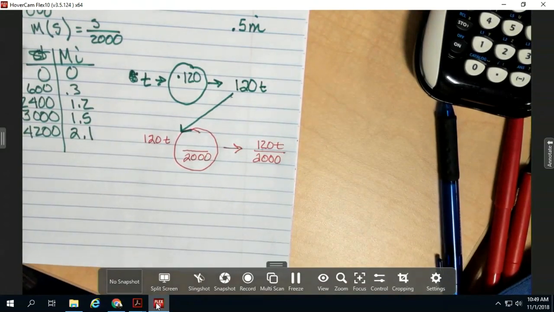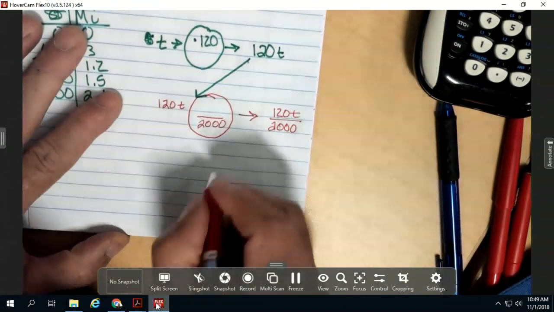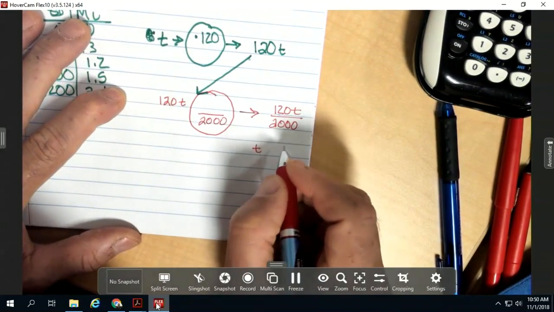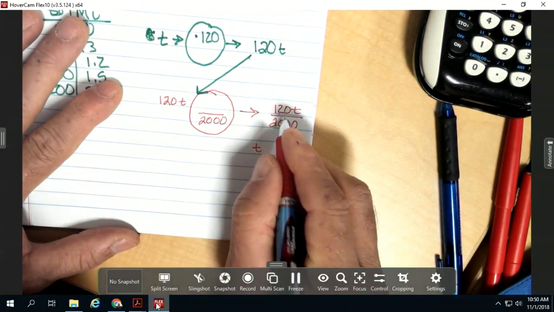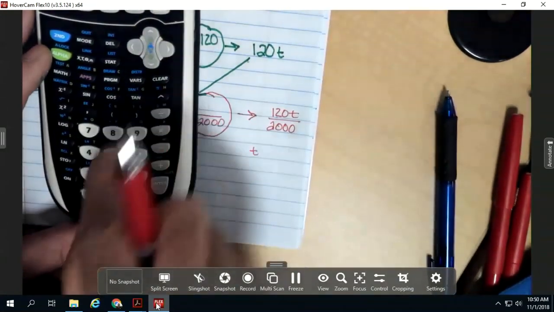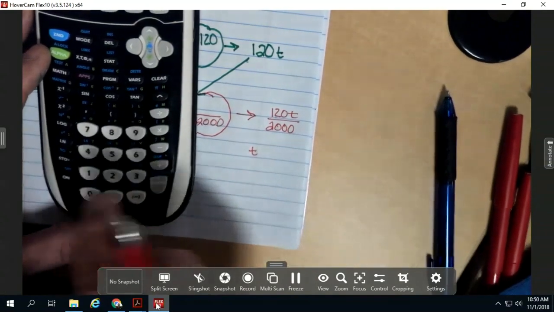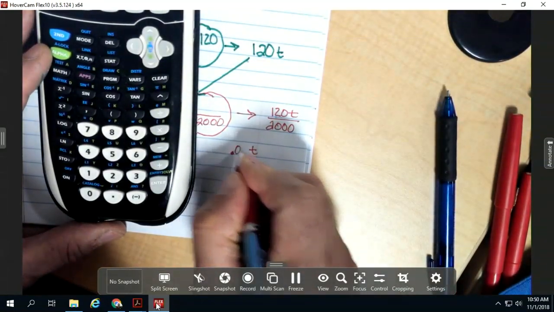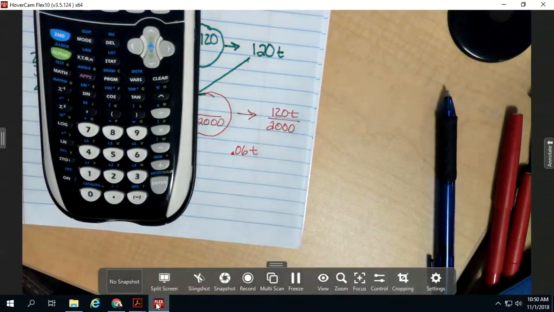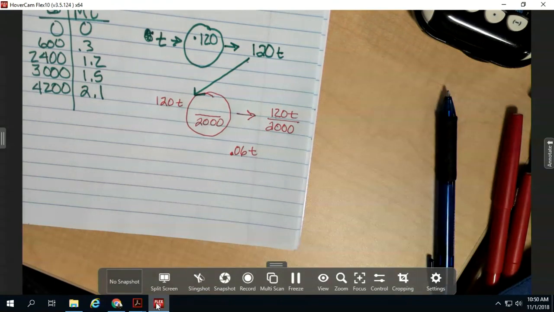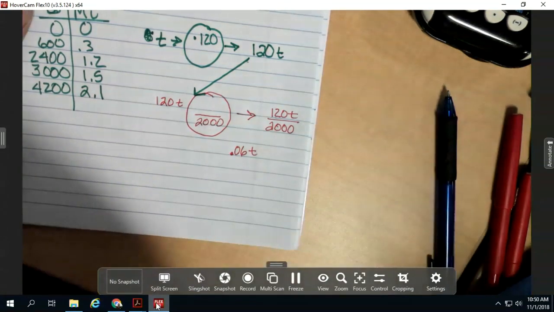Does anybody want to simplify that any? Yeah, you can divide them both by 40. Yeah, you could just do it as a decimal. 120 divided by 2,000. We could say that our coefficient is 0.06 t, or in other words, you go 0.06 of a mile per minute.